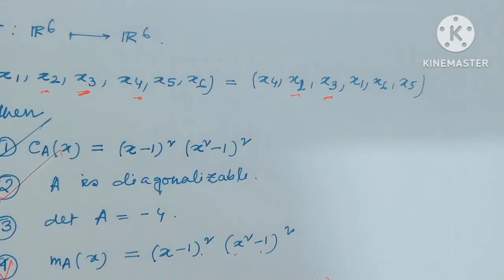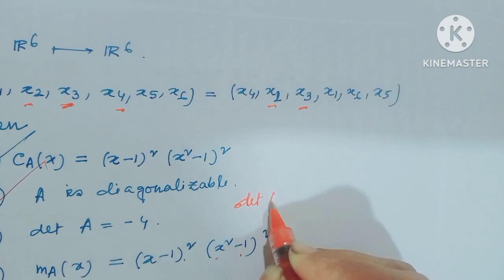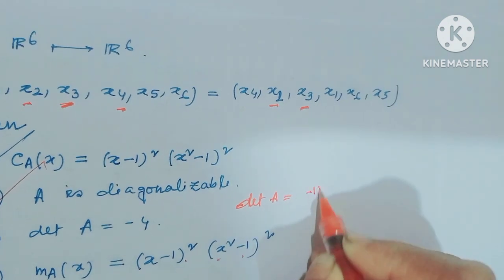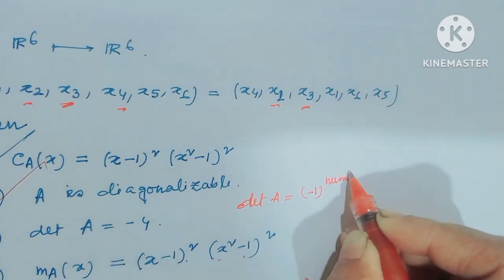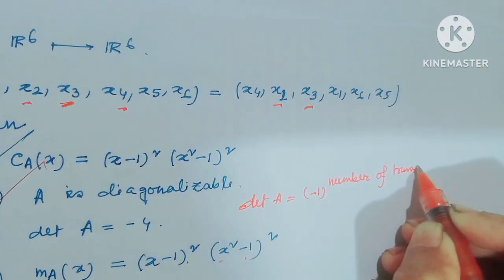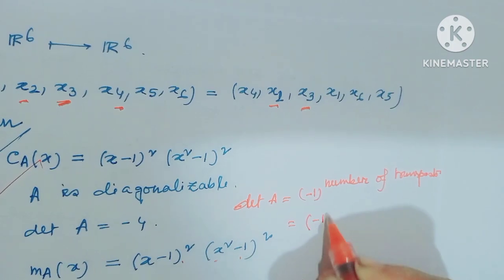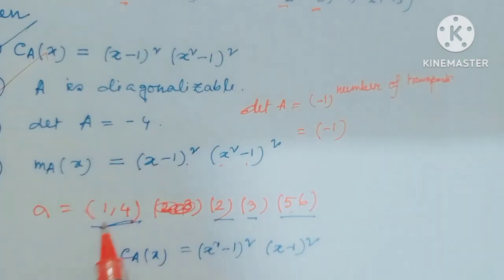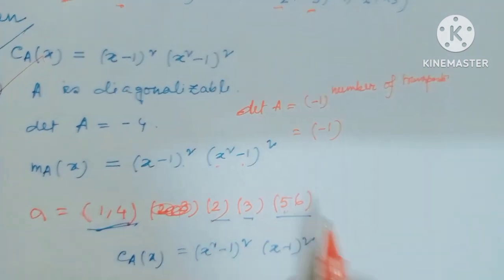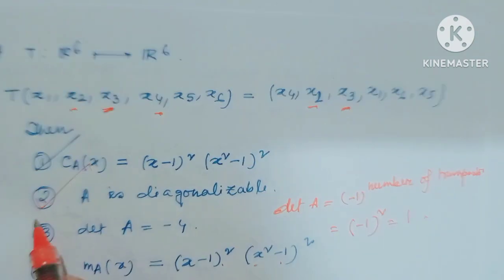Determinant of A is minus 4. Here determinant means minus 1 to the power number of transpositions, and the number of transpositions is 2. So the determinant is 1, and here the given determinant is minus 4, so this is the wrong option.